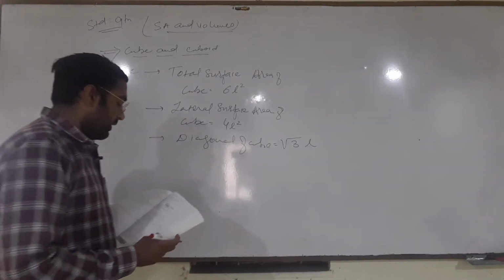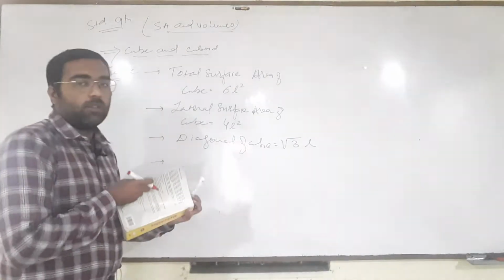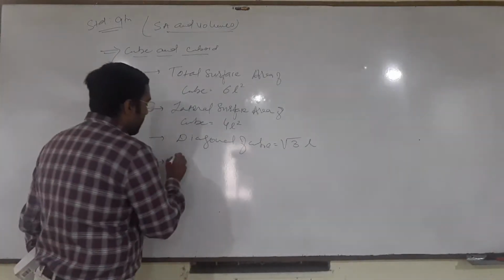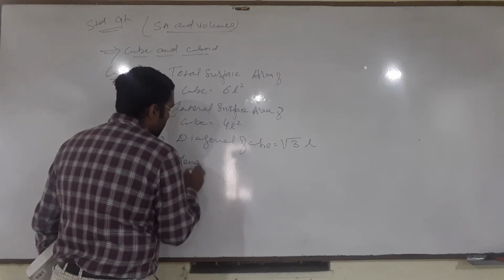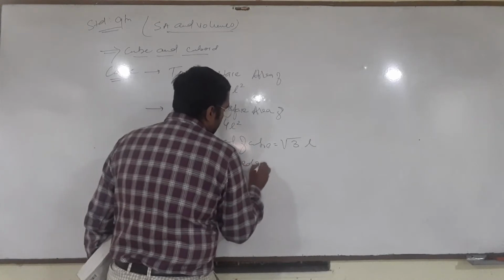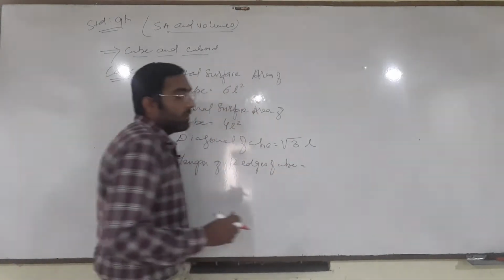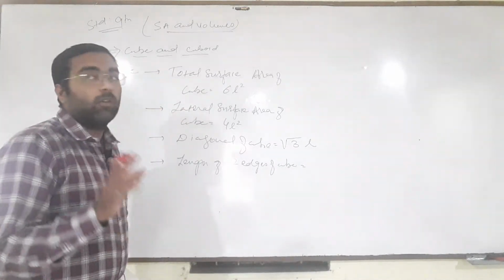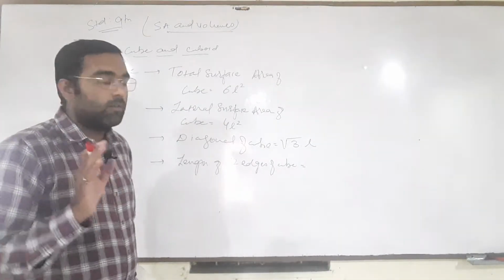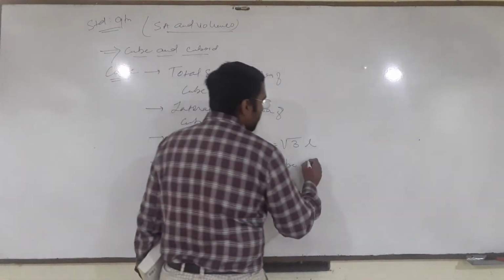And the last one is the length of all 12 edges of the cube. There are 12 edges of the cube, and all the edges are equal, so that's why the length of 12 edges is 12L.